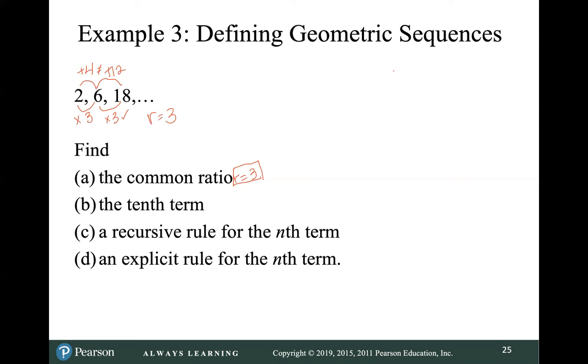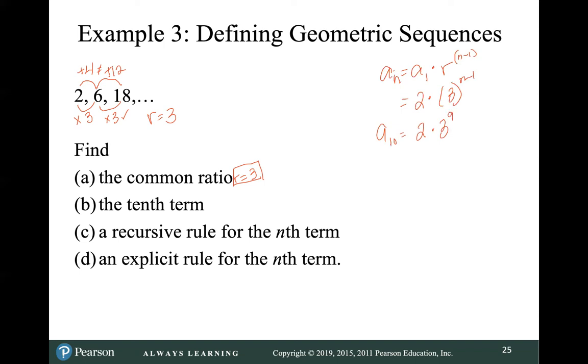So I start with A sub n equals my starting value times my common ratio to the n minus 1. Because I'm multiplying, I get an exponent. My starting value is 2. My common ratio is 3 raised to the n minus 1. If I'm looking for the 10th term, that's going to be 2 times 3 to the 9th.